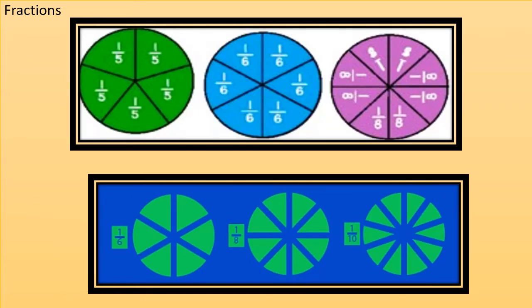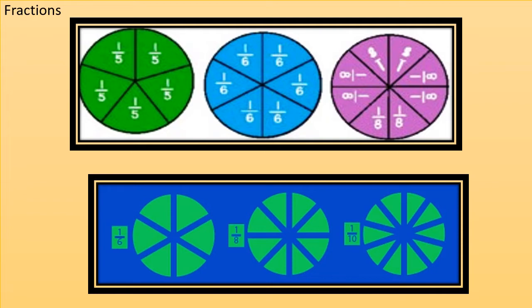In this picture you will see how a circle is divided into 5 equal parts, 6 equal parts and 8 equal parts and what fraction each part will represent. Now look at the green circle. Here the circle is divided into 5 equal parts and each part represents 1 by 5, that means one part out of 5.